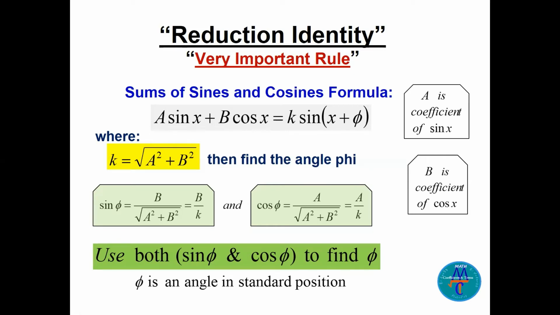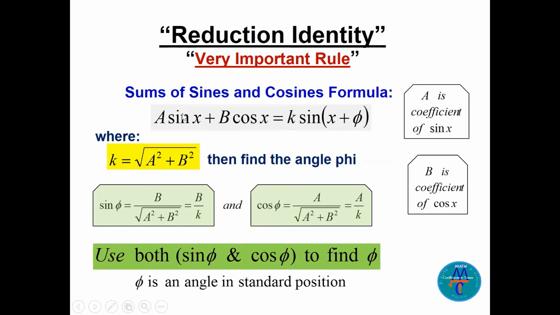So a is the coefficient of the sine and b is the coefficient of the cosine. If you have sums of sines and cosines, maybe differences here, because b can be positive or negative, a can be positive or negative.